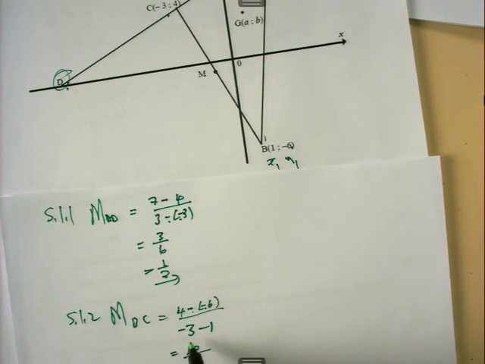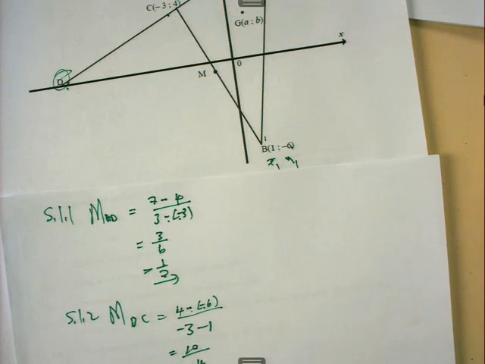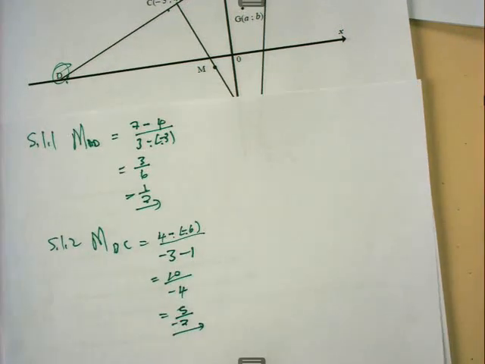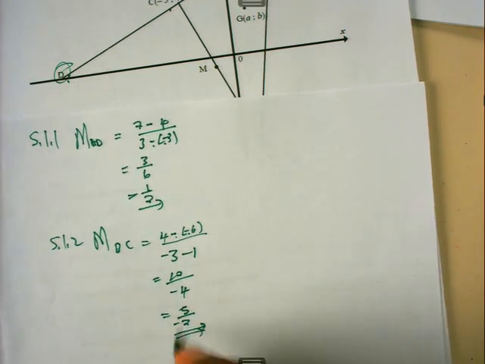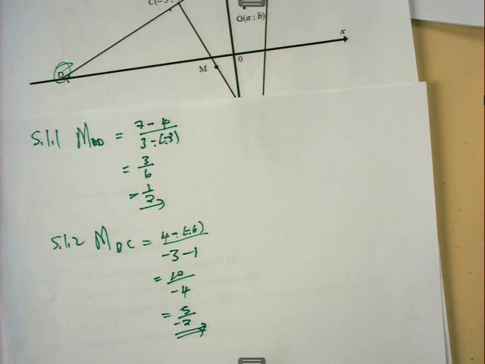We divide it by minus 3 minus 1, of course, that will be a minus 4. From here we can see this will be 5, then minus 2. When you simplify it, we're going to get minus 5 divided by 2, which is the same as 2,5. But I will be happy when you leave it as a fraction. Don't write it in decimal form.